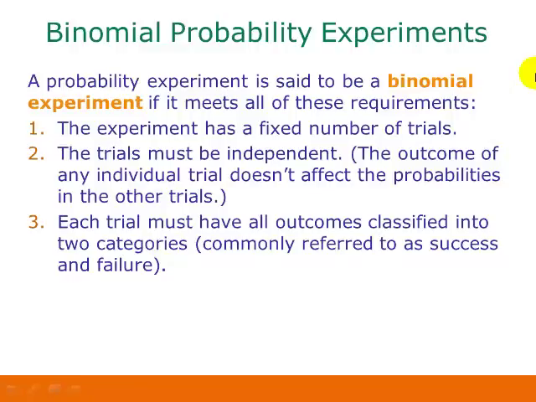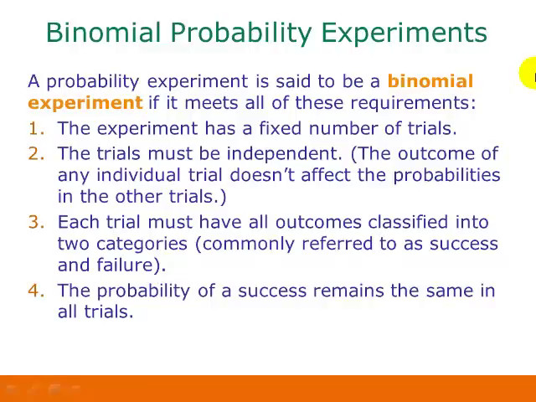So it could be something like yes or no, on or off, defective, not defective, but it has to have only 2 outcomes. So out of our 2 outcomes, success and failure, if we look at the probability of a success in each trial, it has to be the same for each trial.